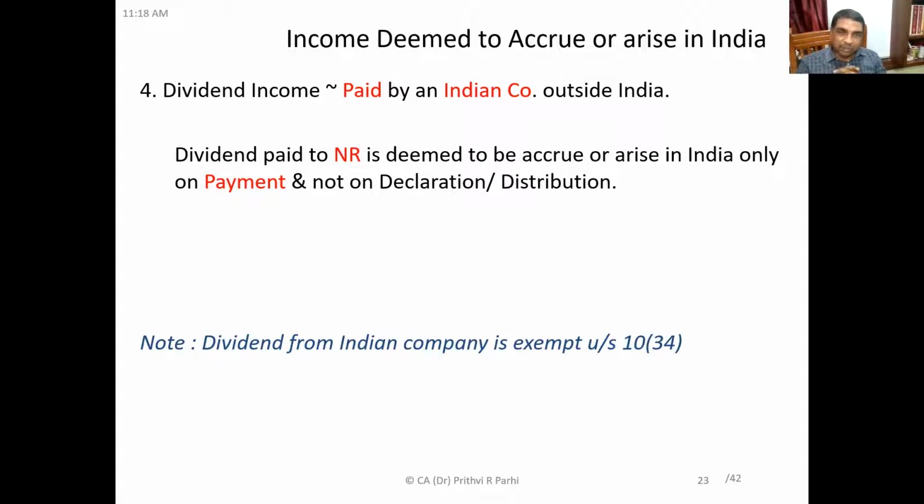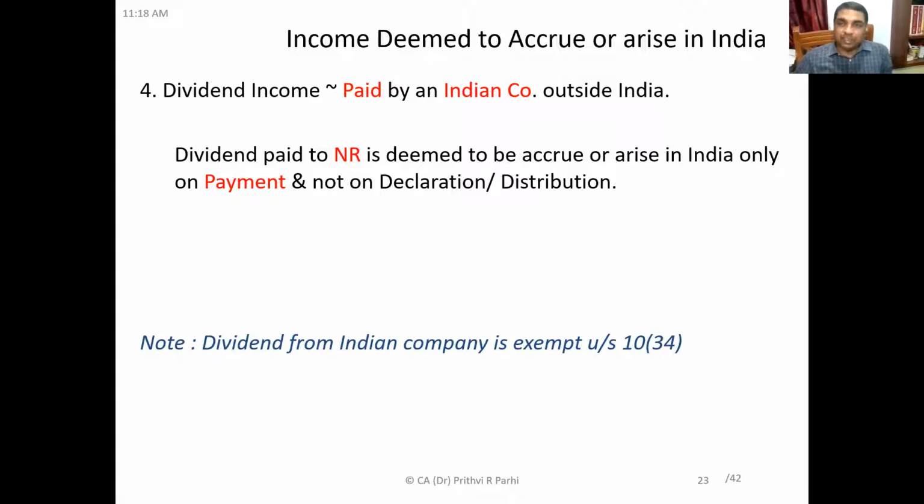If dividend is paid to a non-resident, it shall be deemed to accrue or arise in India only when it is paid. Just because it is declared or distributed, it will not be considered as deemed to accrue or arise in India.